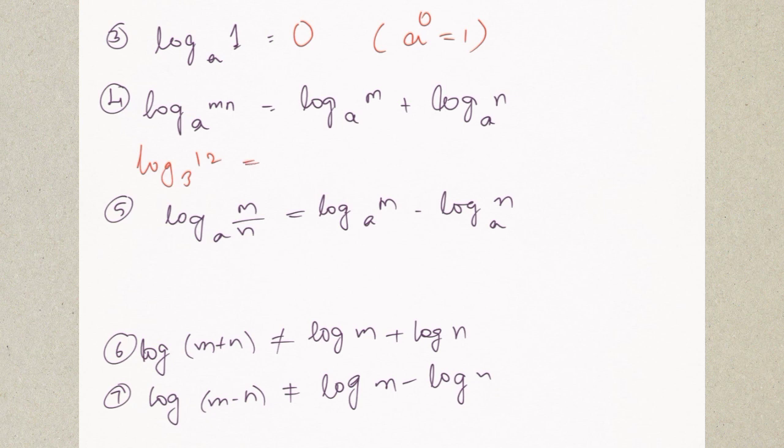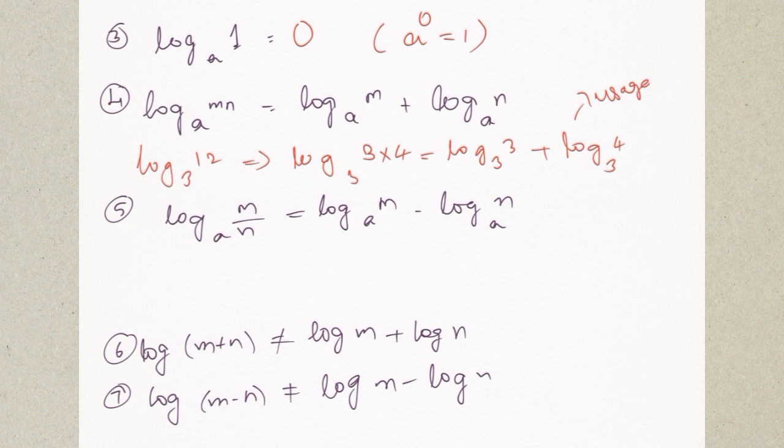The logarithm of 12 is nothing but 3 into 4, mn, and the base is 3. So you can simply write it as the logarithm of 3 to the base 3 plus the logarithm of 4 to the base 3. With other numbers, it would be easier for calculation. That is where we use such properties. This is the usage.